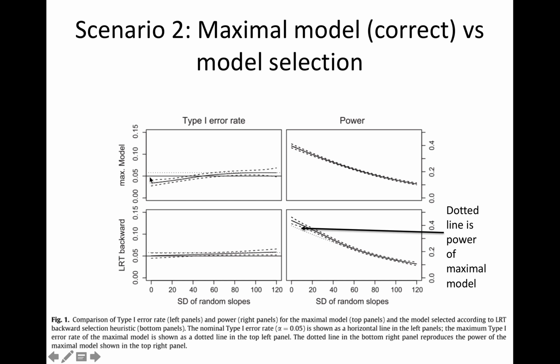And the goal here is the solid line, 0.05. And these must be confidence intervals on the estimates. So you can see, as we suspected from before, that the x-axis is the standard deviation of the random slopes. So this is not the covariance between the two. The covariance in this case was not 0, but it was quite small. But they're looking at what happens when the slopes don't vary a lot.